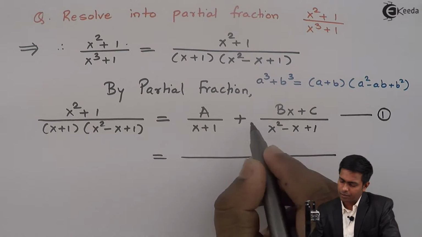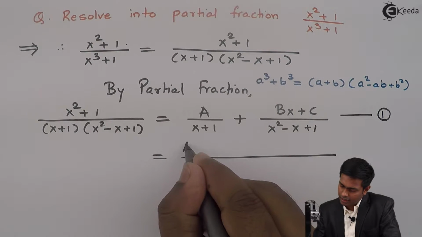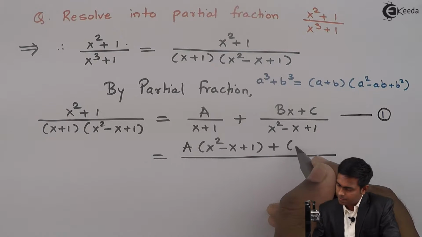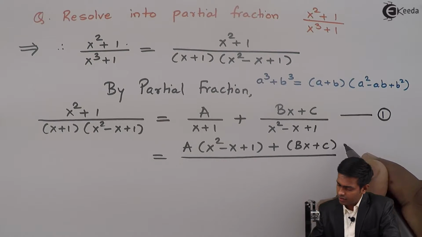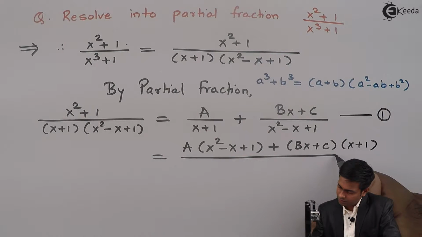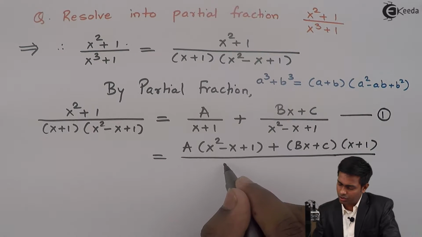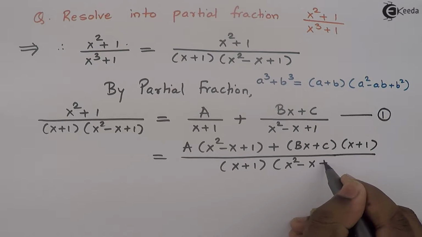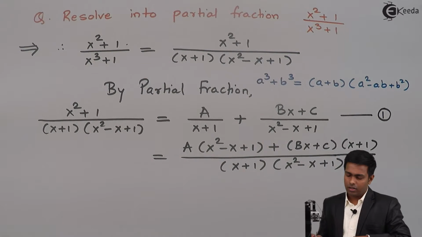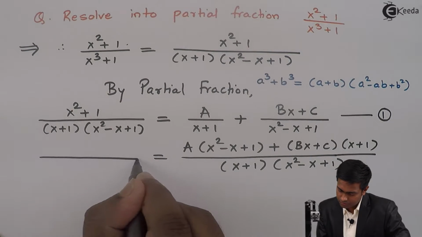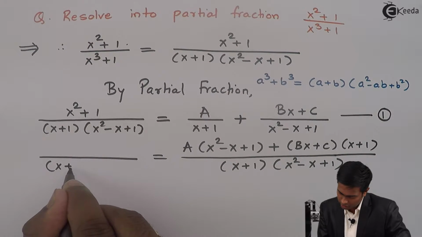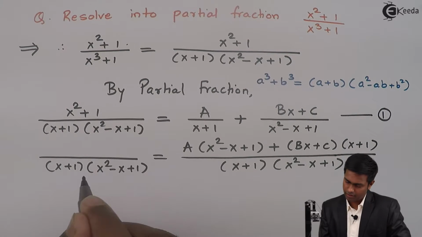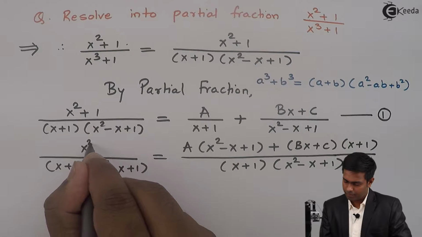So here by cross multiplication we will get a into x square minus x plus 1 plus bx plus c into x plus 1 upon, now these two terms will give us x plus 1 into x square minus x plus 1. Now the left hand side as it is, that is x plus 1 into x square minus x plus 1 into x square plus 1.